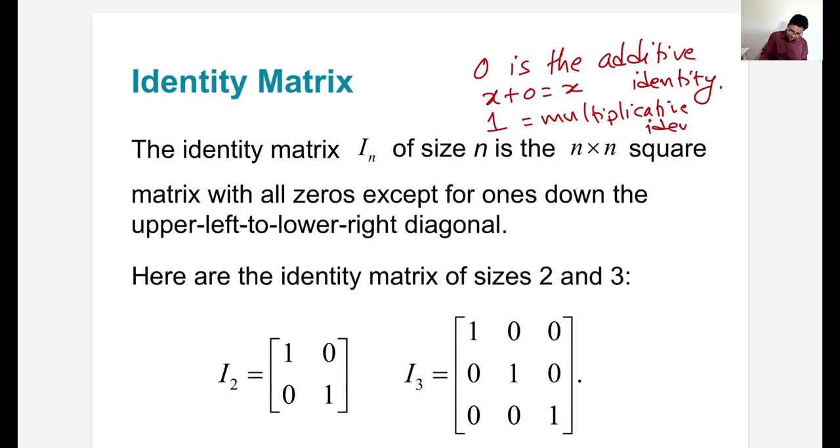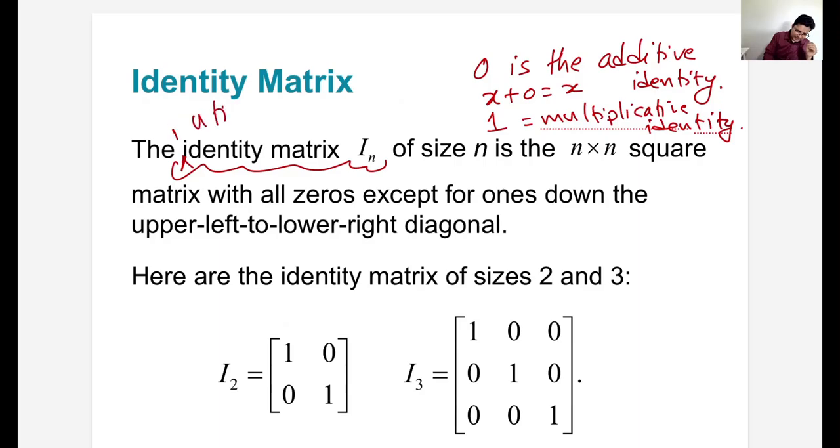You could multiply by 1 and the value will not change. It preserves the identity of what it is multiplied to. In matrices we have a similar matrix that is called an identity matrix, but this is the multiplicative identity matrix. We just call it identity matrix.